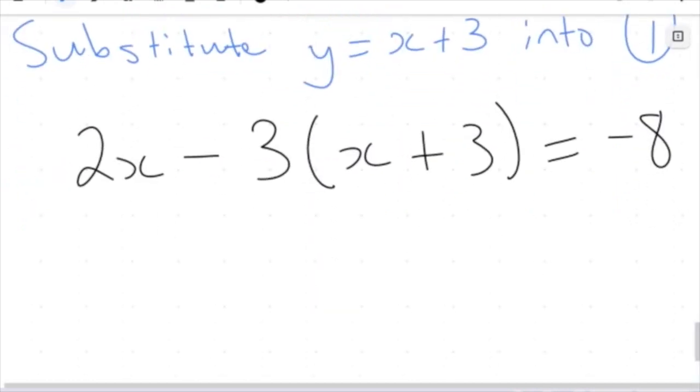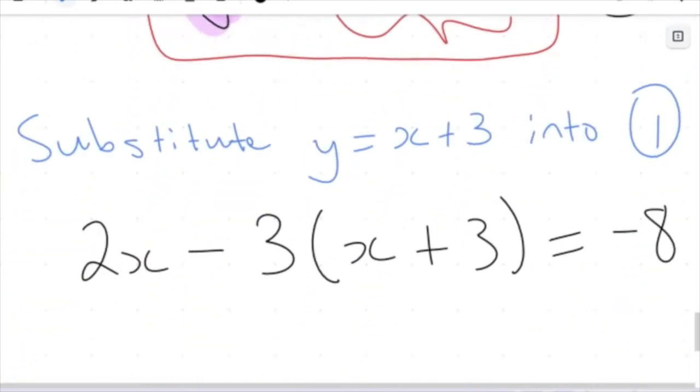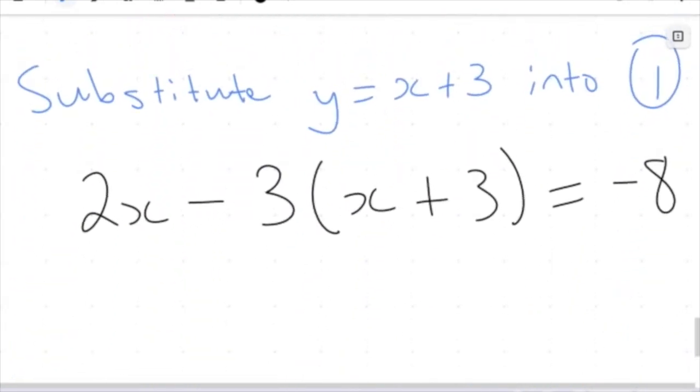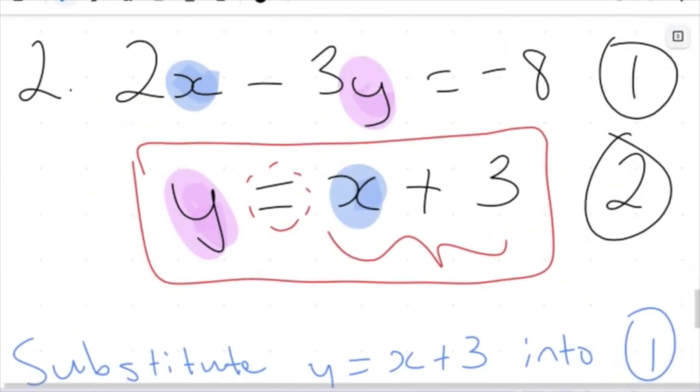Now look at what we've done using this little trick. My two equations with x and y variables in each, equation 1 or 2, we can't solve these one by one. We have to do something between those two equations. And that is this idea of substitution. I have a value of y that is equal in both of these equations.